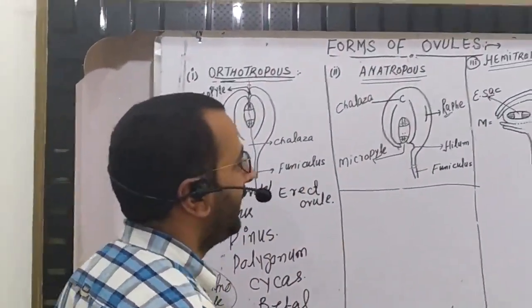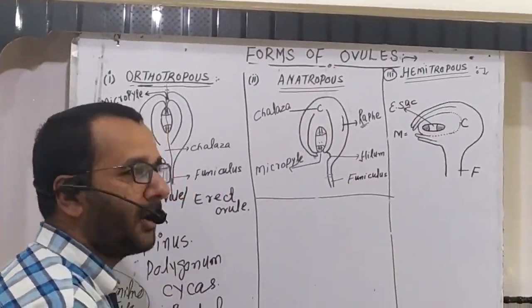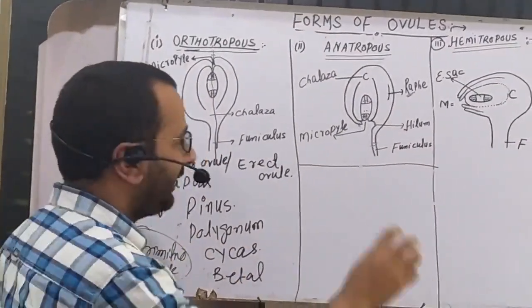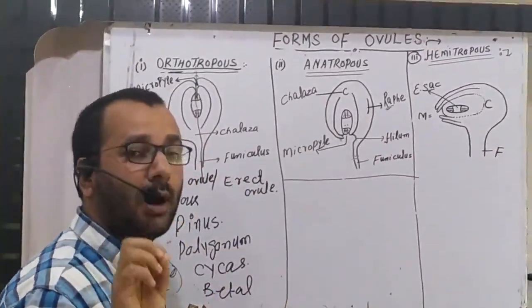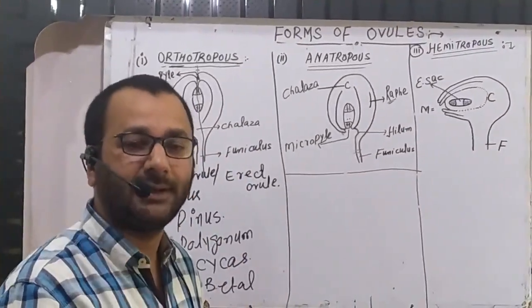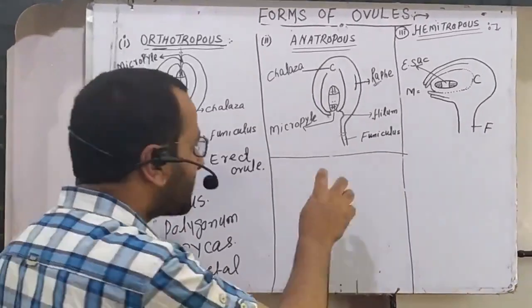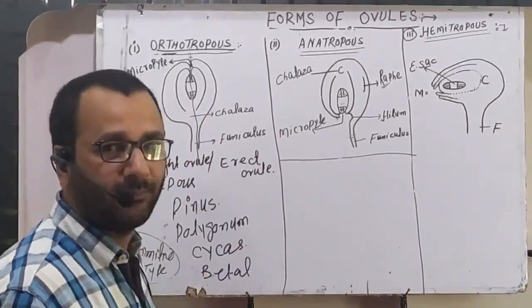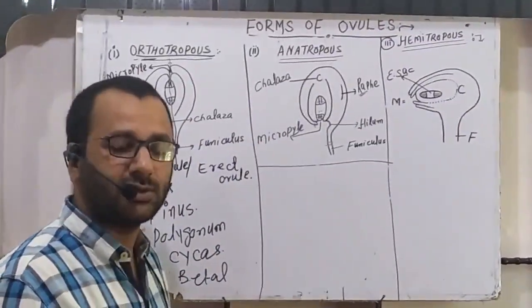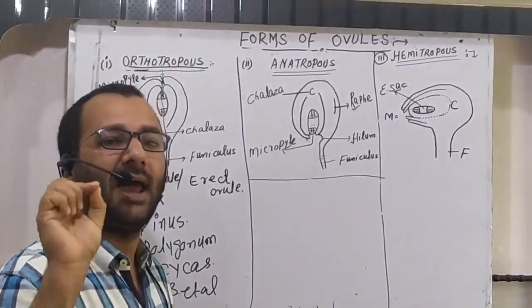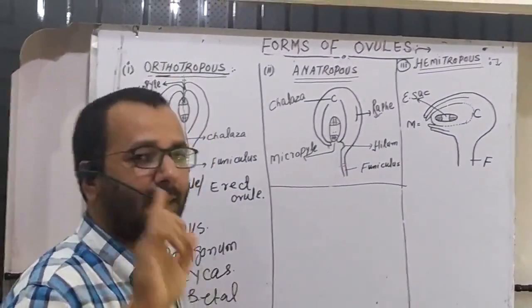Number second, this type of ovule has a raphe in it, and it is found in 82% of angiospermic families. So this type of ovule is the dominant ovule. It is found in almost 82% of angiospermic families.